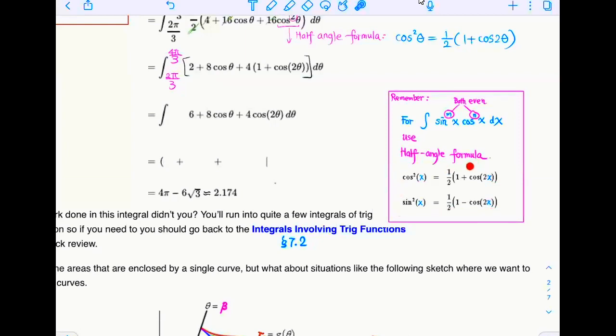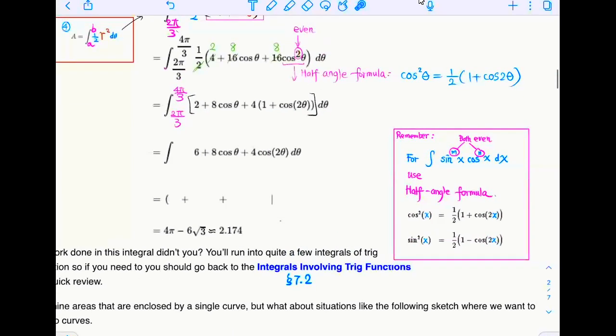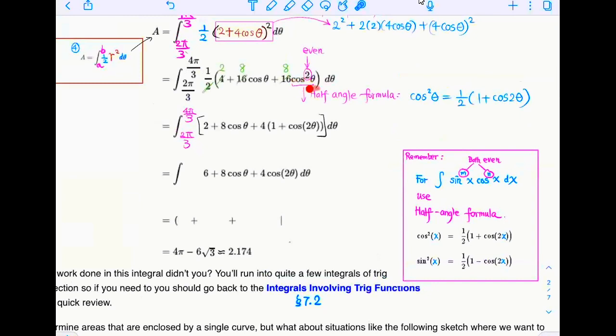Those are the two formulas you use a lot in polar coordinates when you do the integration. When the exponents on cosine and sine are even, you use a half angle formula. So use it here: cosine squared theta is 1/2 of this. Multiply this by 8, 1/2 times 8 gives you 4. That's how you got this one here, 4 times 1 plus cosine 2 theta. So remember the half angle formula whenever you encounter sine squared and cosine squared.